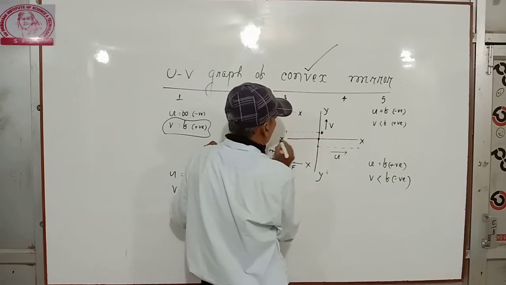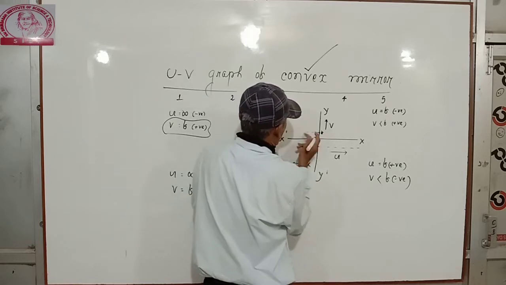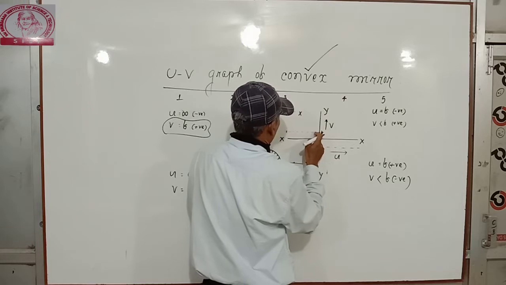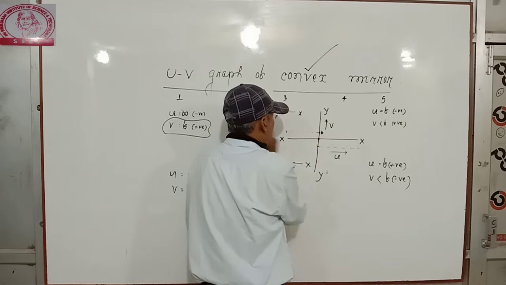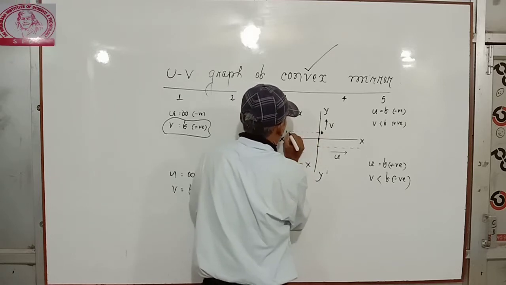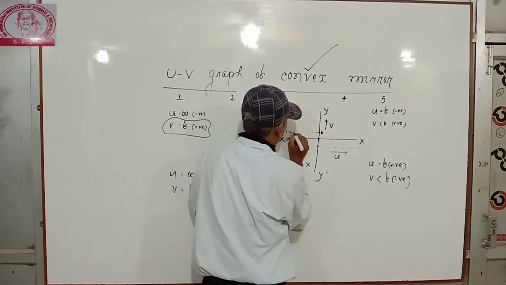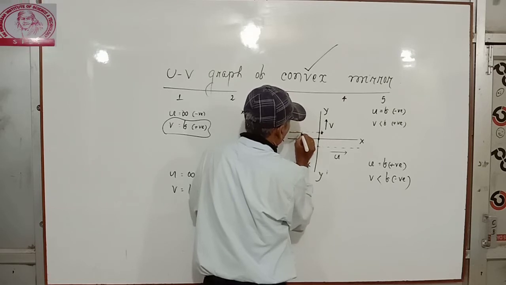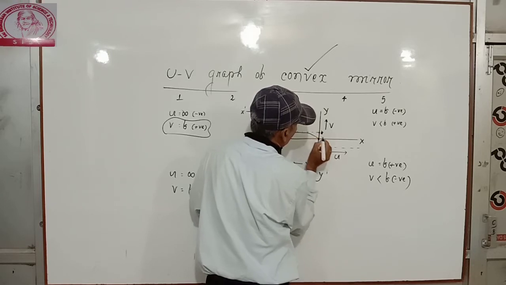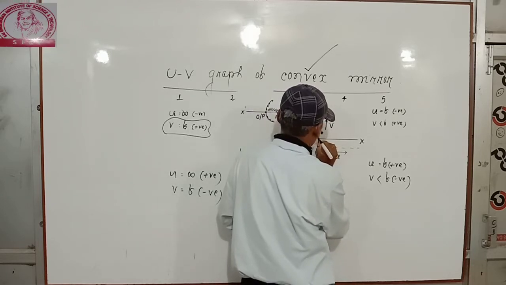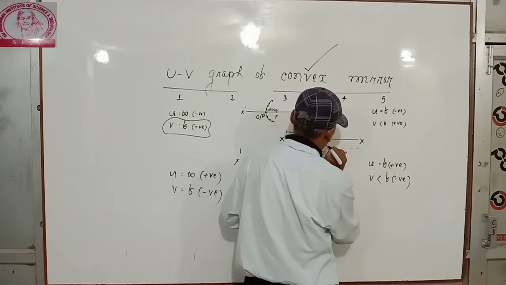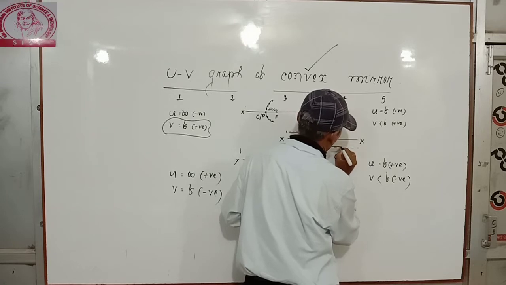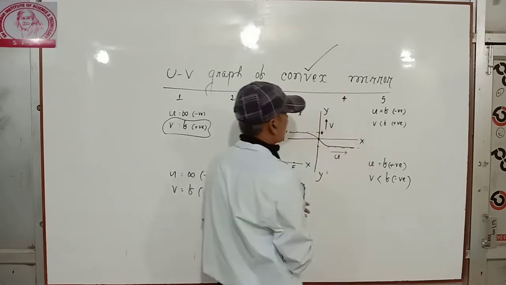Okay, draw the perpendicular. This particular line intersects the curve at infinity. Okay.